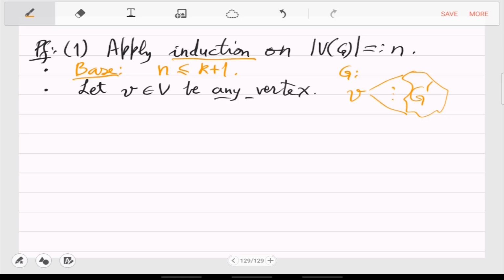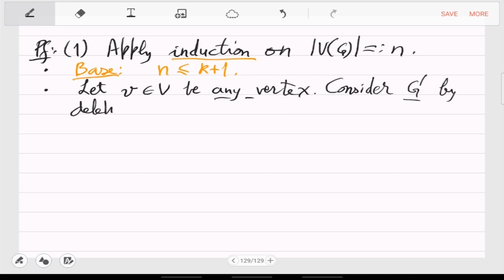I should just delete V. Let me not draw this picture. Consider G prime by deleting V from the original graph.